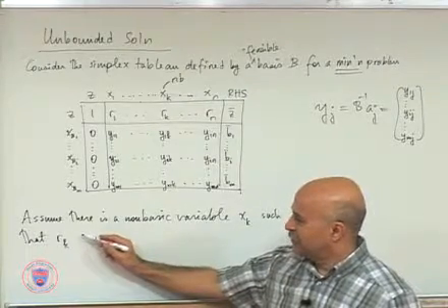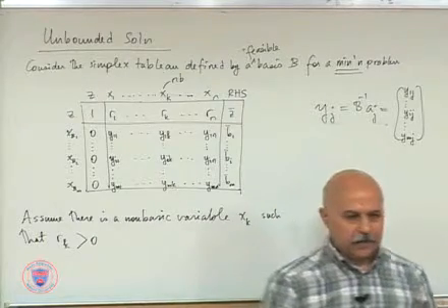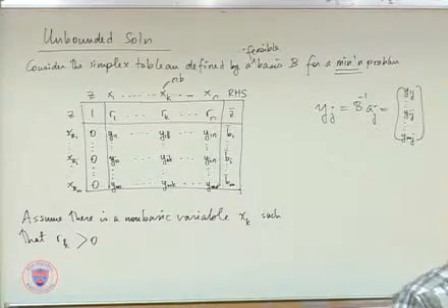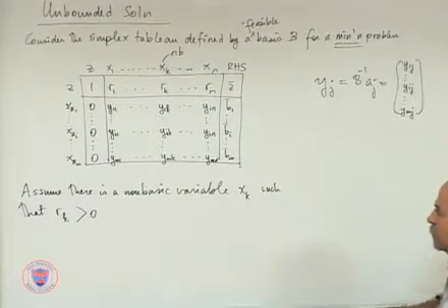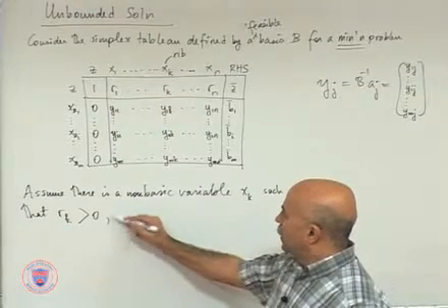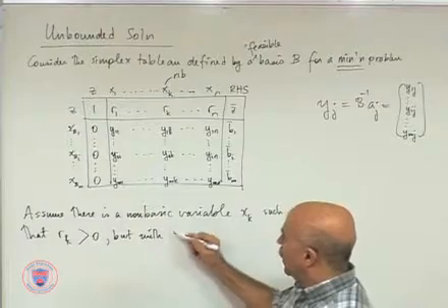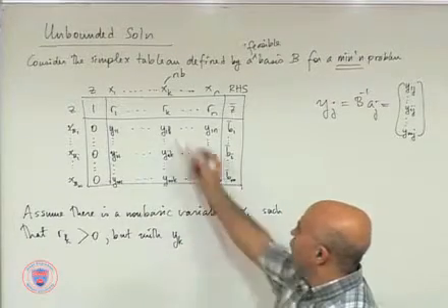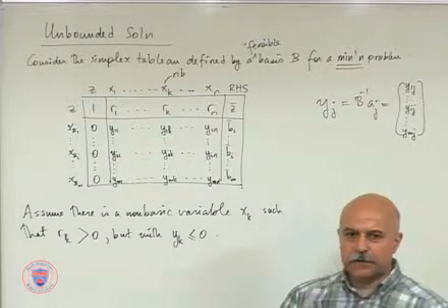So, positive, yes. It's positive. So, it will make you go down, okay? But with a y column, yk column, which is less than or equal to 0 in each component.